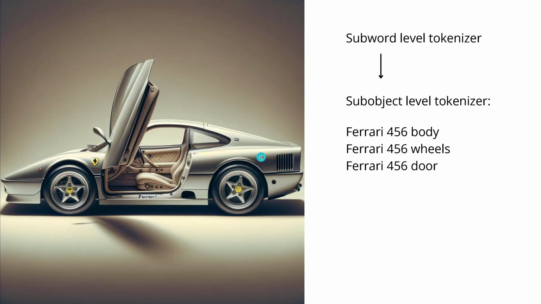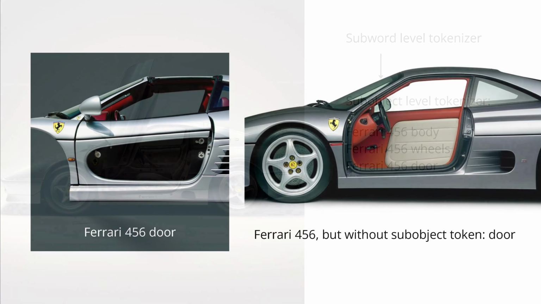Let's generate this image. You can say, hey, build me an image of a car with a Ferrari 456 body, 456 wheels, and 456 doors. You see, the complete word-level or object-level tokenizer would be Ferrari, and then you would have the complete car. But if you go sub-object, you can specify exactly what you mean. A new idea to have tokenization in the image and video sector.